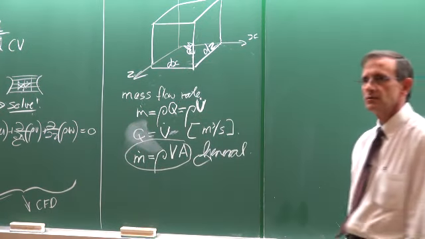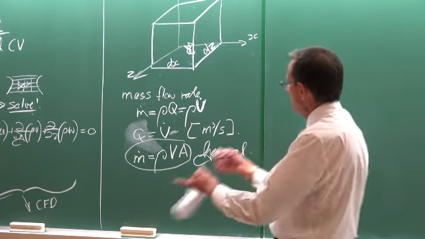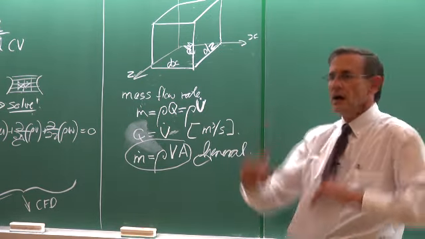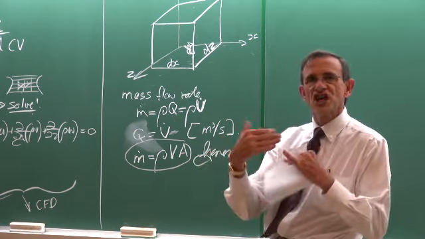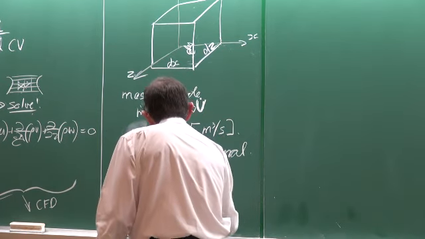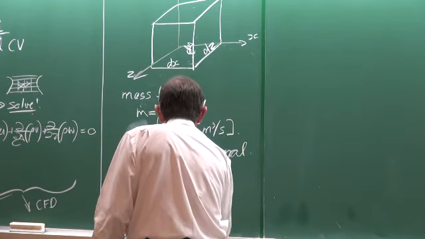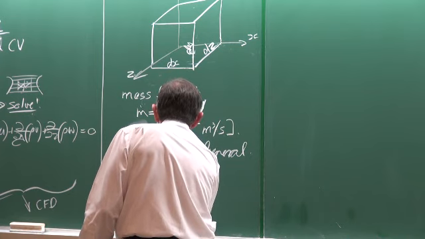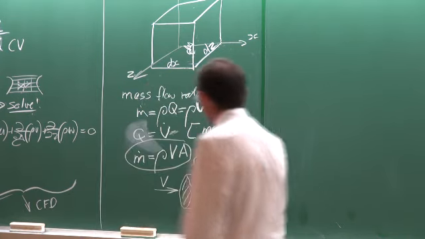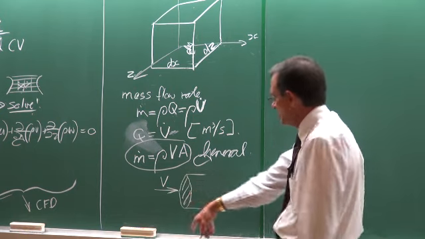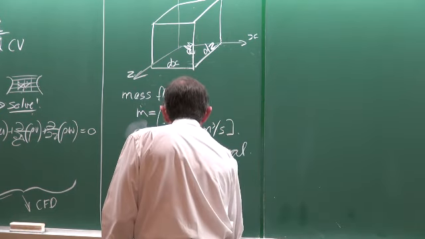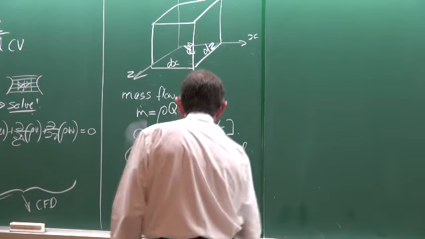So the mass flow rate would always be equal to the density multiplied by the velocity, and this area would be the cross-sectional area. If that is typically the tube, and the flow goes through there with a velocity, it would be the average velocity, and that would be the cross-sectional area of the tube, typically.